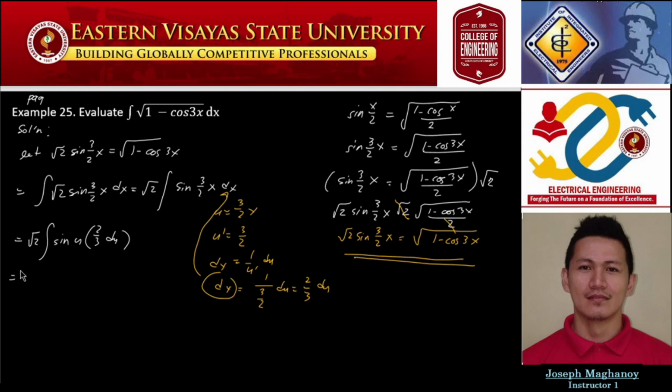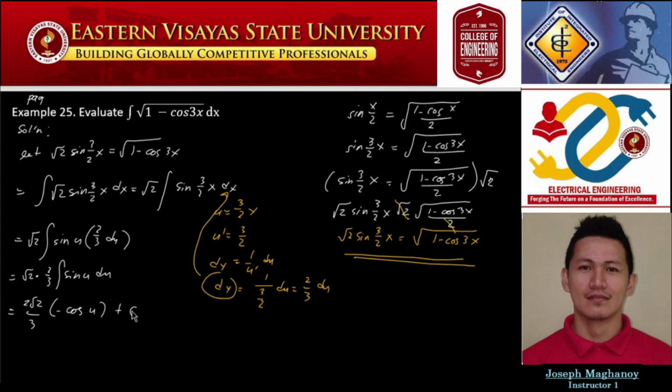We carry out the real number constant: the square root of 2 times 2/3 integral of sine u du. Okay, finally we're almost there. So this is 2 square root of 2 over 3. Then the integral of your sine u is negative cosine u plus c.